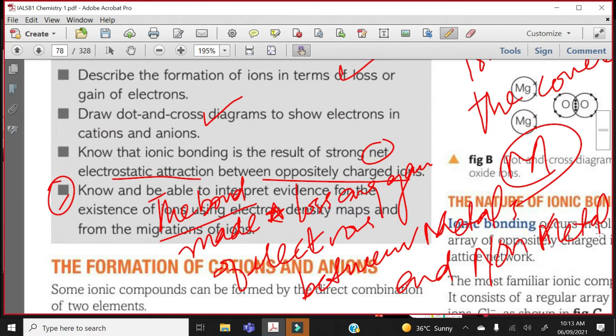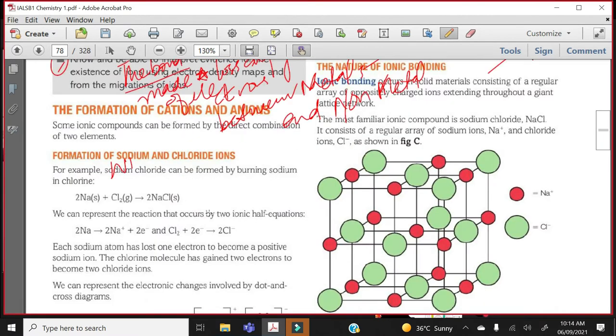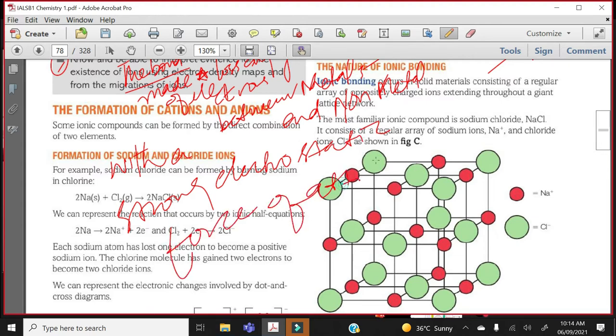Okay. Second point will be, the strong electrostatic force of attraction between the oppositely charged ions.